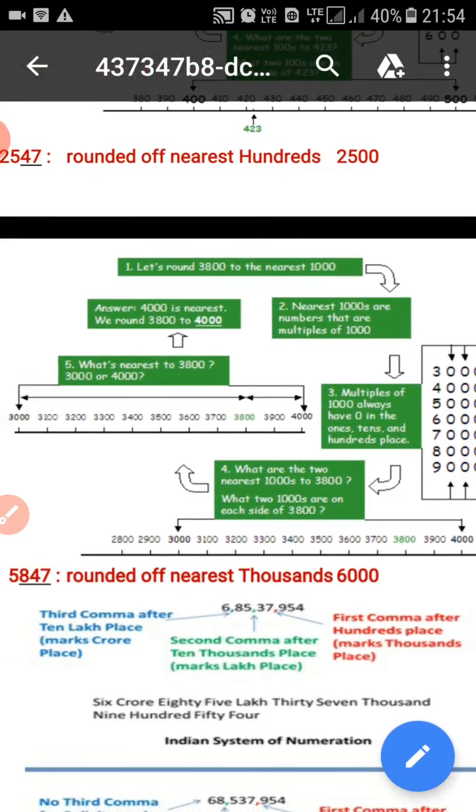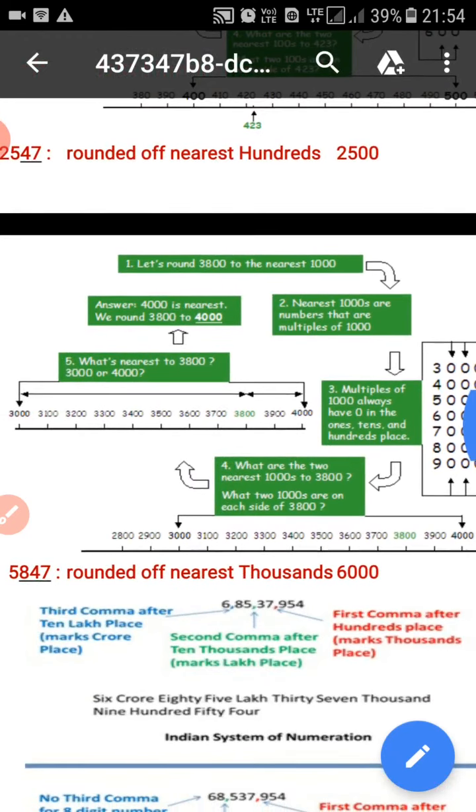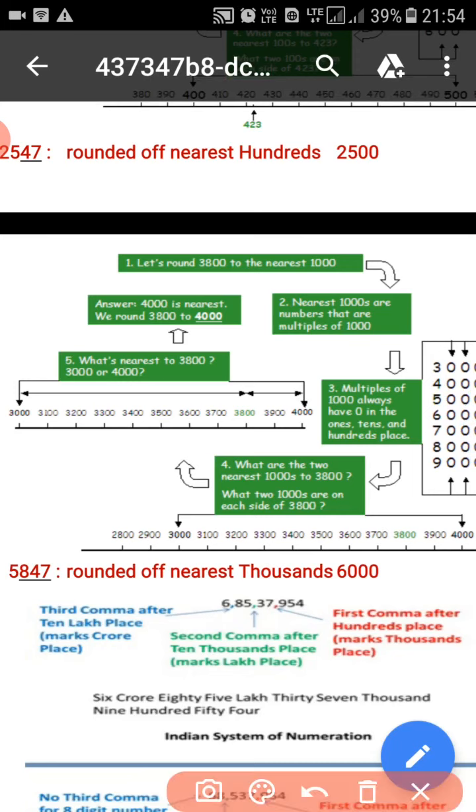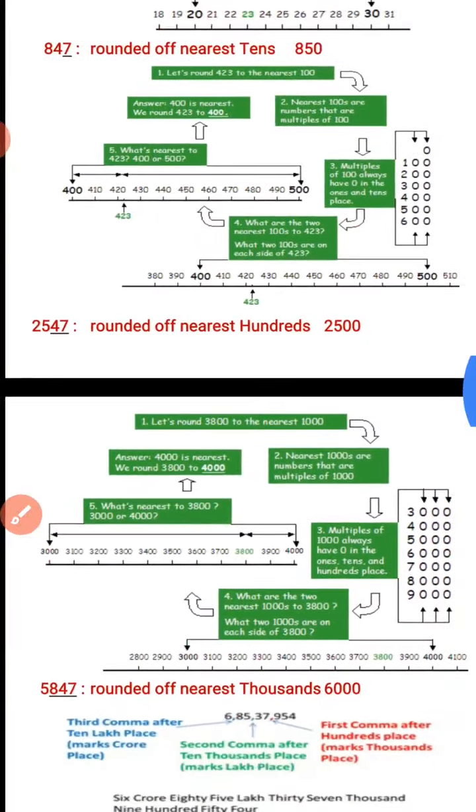Then what are the 1000s nearest to 3800? 3000 and 4000. Which 1000 is nearest? The difference between 3000 and 3800 is big, but the difference between 3800 and 4000 is small. So 4000 is the nearest to 3800. Okay. In the same way, you will do all examples of estimation.